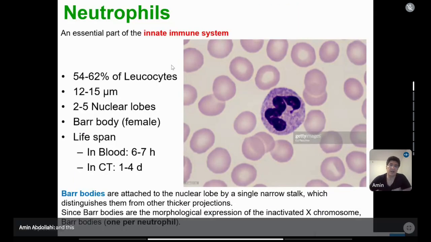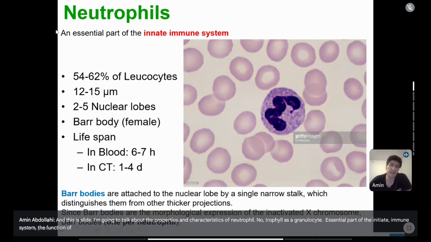In this slide, I'm going to talk about the properties and characteristics of neutrophil. Neutrophil, as a granulocyte, is an essential part of the innate immune system.